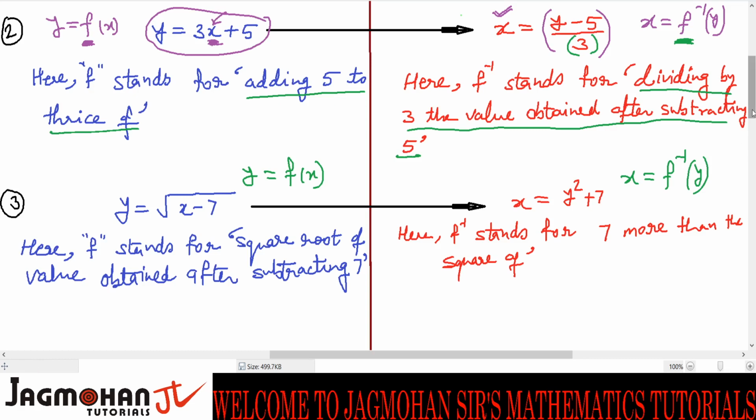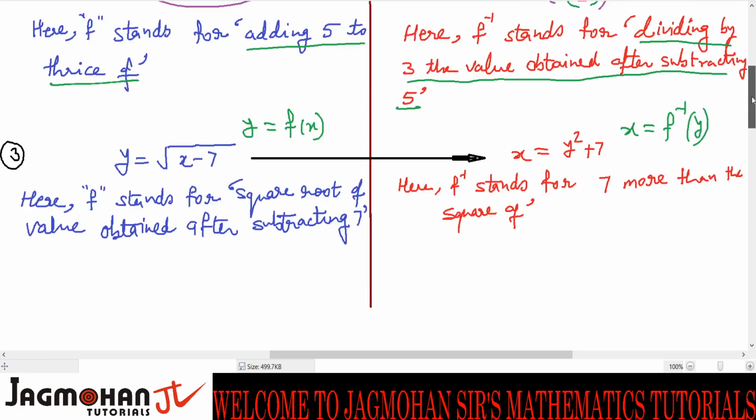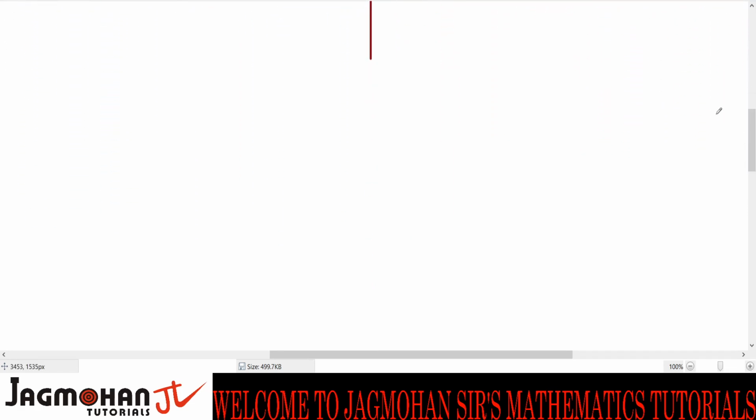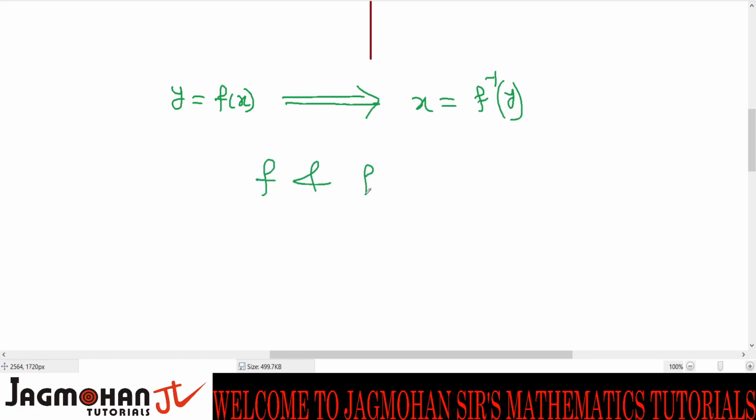Now here one more thing I would like to state is, when you say that y equals f of x is a function defined and its inverse is x equals f inverse of y, then you understand that f and f inverse are inverse functions of each other.